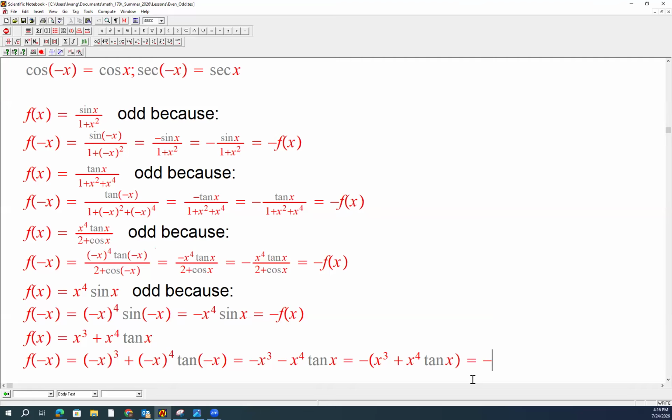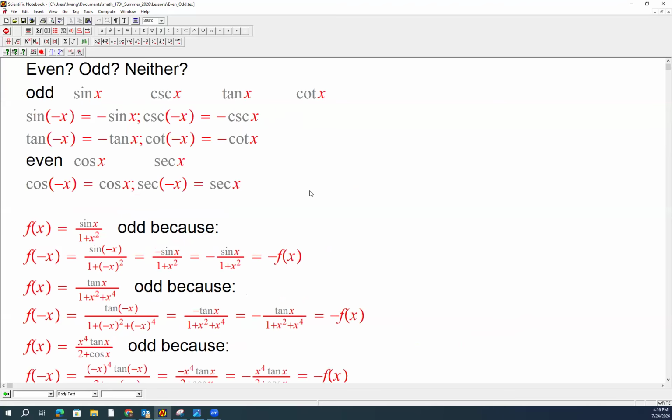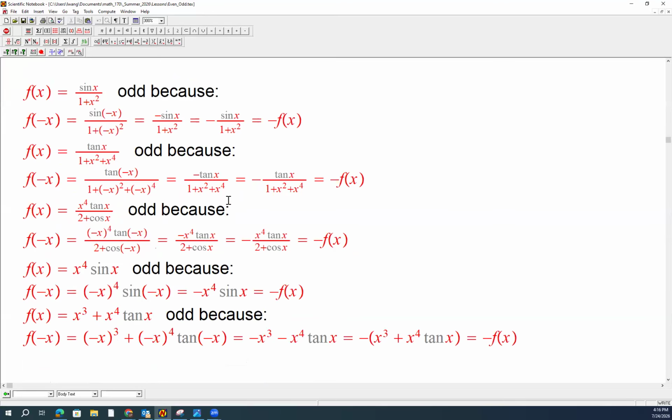So we get negative of f of x once again. So this function is odd also. So this time we have concluded to prove that all of these 5 functions are all odd.